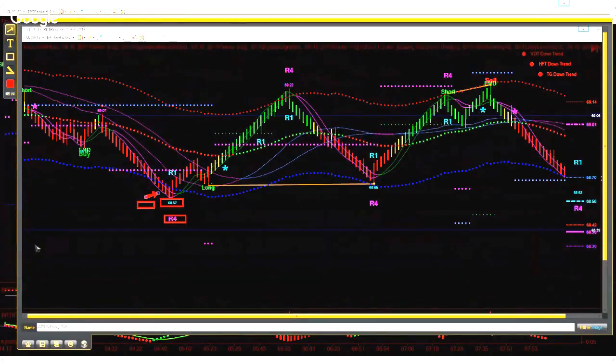This is an entry point. On the CL, entry is around the 69 level. You exit around 69.12 or 69.20, whatever makes you happy.